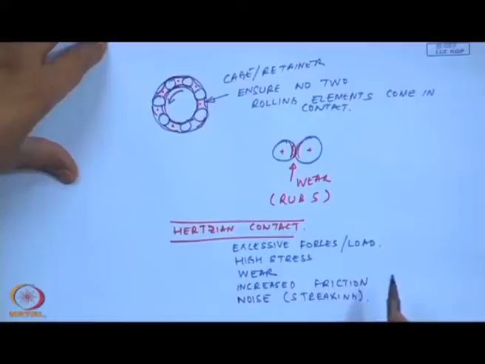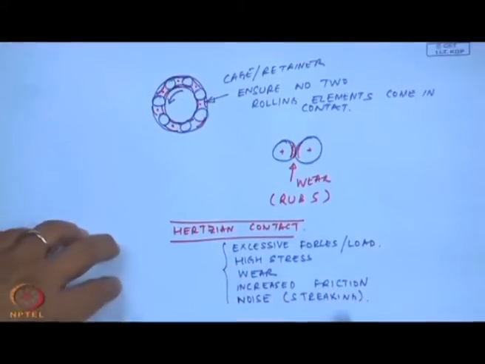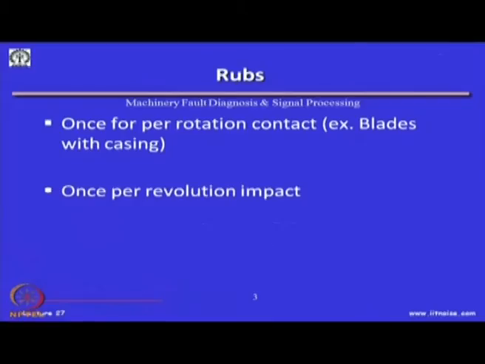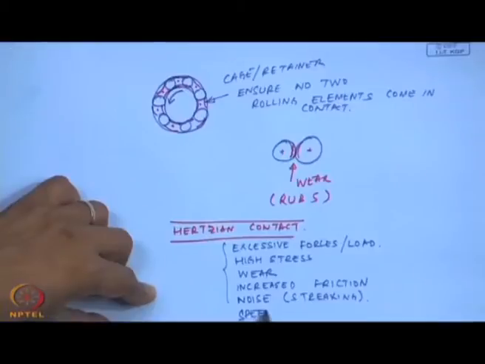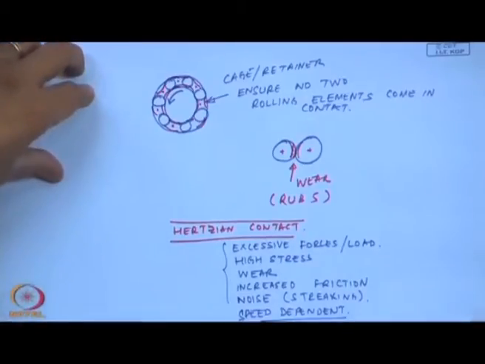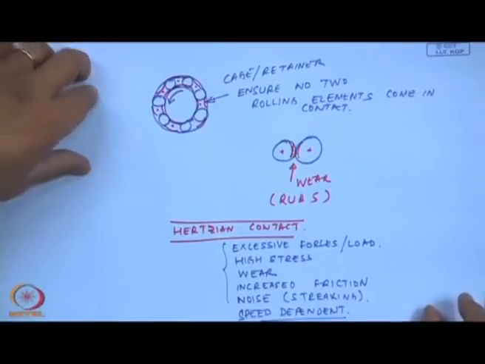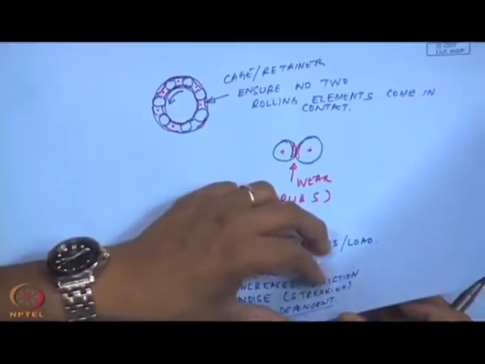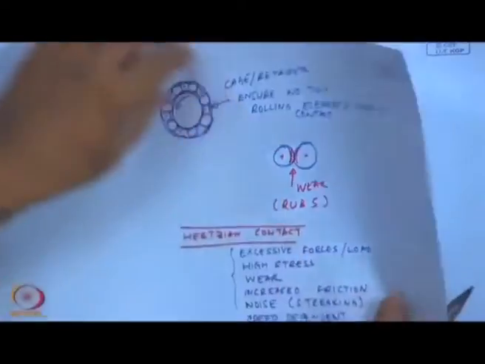So, this would happen, okay, and they will be speed dependent. Okay. This kind of happens. So, we should avoid these rubs from occurring.